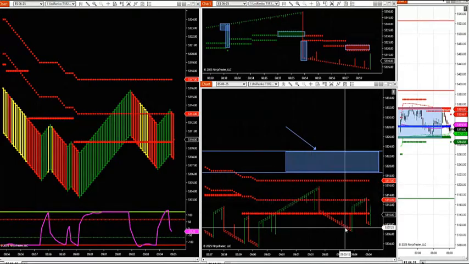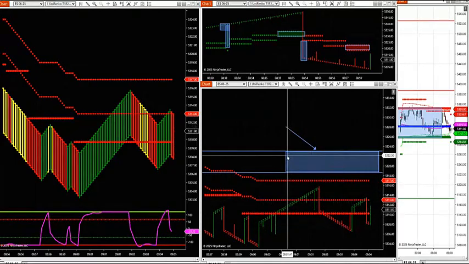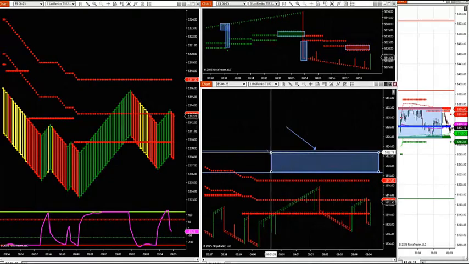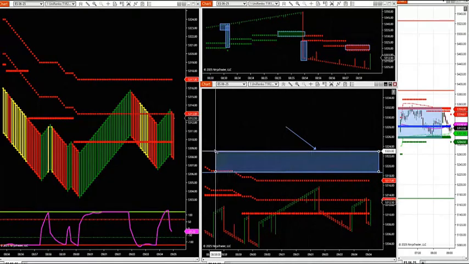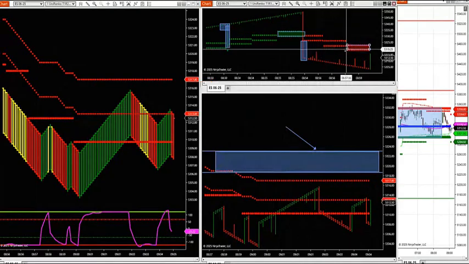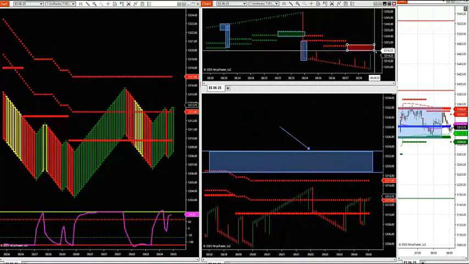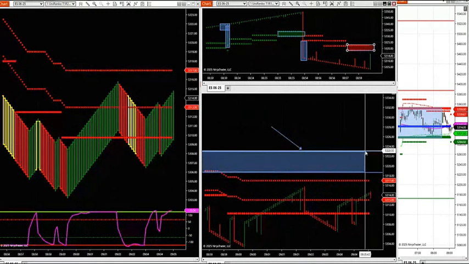If it doesn't, I'm just going to keep maintaining short bias because my big institutional push is down. I'm red up here. And I know my sell zone, when they're still trying to grab liquidity. The only time I'm going to change my bias is if I break outside at 53.23.